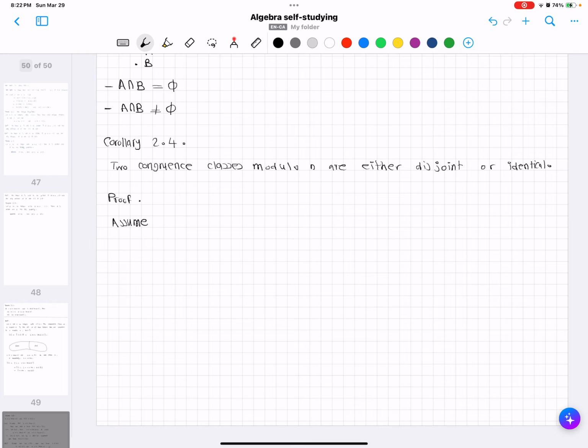So assume that things are not disjoint and you want to show that they are identical, all right? Assume that you have A and C, which are not disjoint.